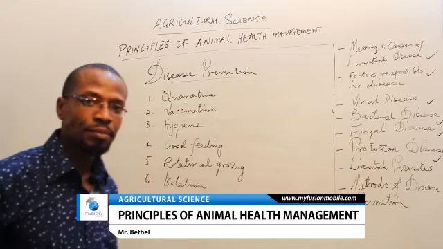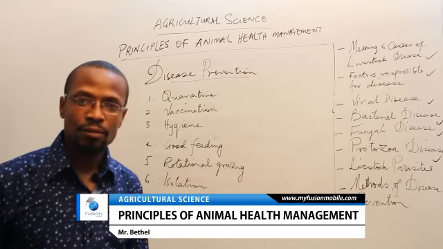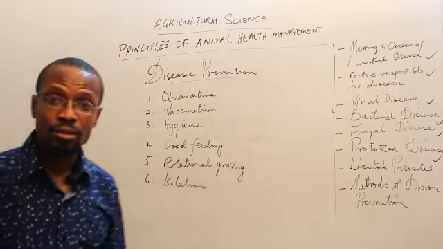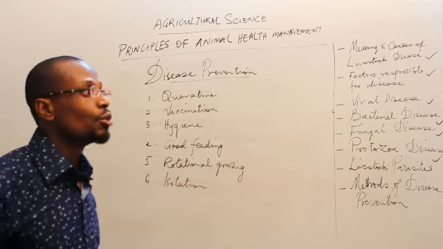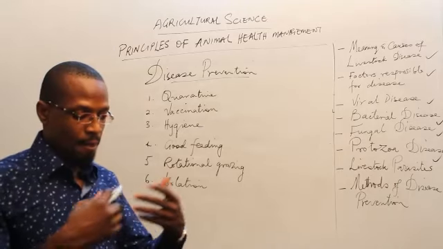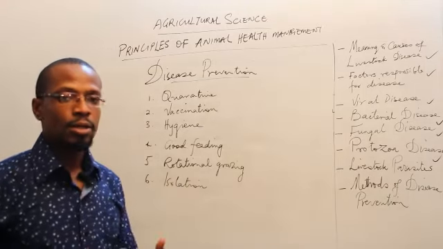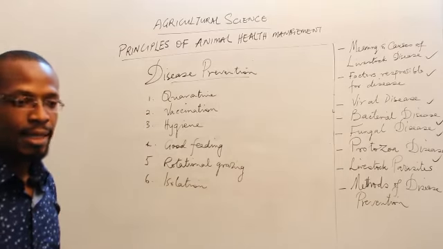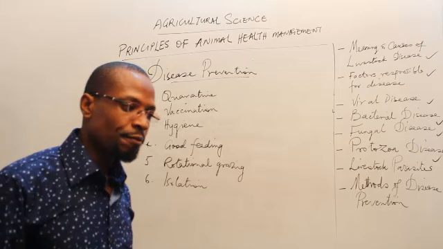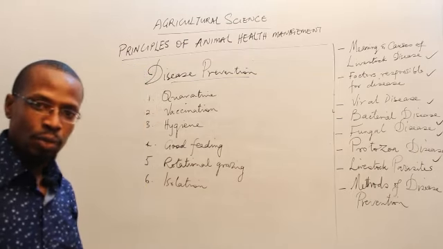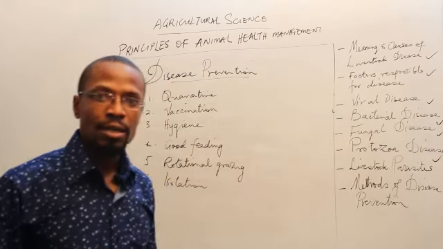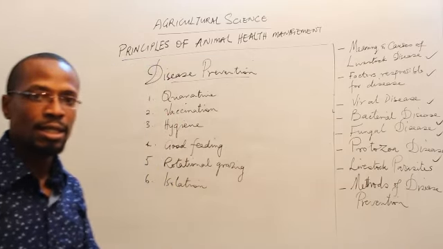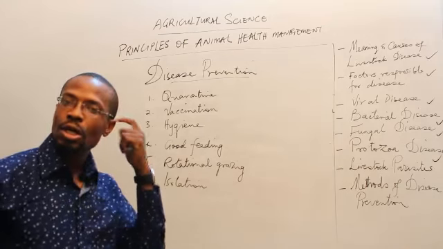Rotational grazing. Take cattle for instance. You do not get the cattle to keep grazing at the same place. What if that place is prone to diseases? So the cattle keeps going there and keeps contracting those diseases, and that keeps spreading.